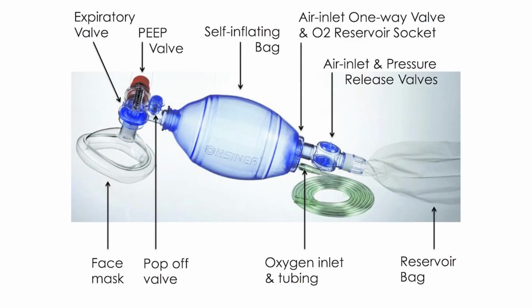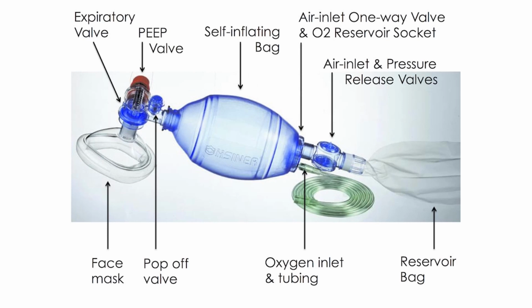When we are ventilating the patient by a self-expanding bag or ambu, without oxygen connection, we have a 21% inspired oxygen fraction. If we connect the ambu without the reservoir to oxygen at a flow rate of 15 liters per minute, we are able to reach an inspired oxygen fraction of about 45%.